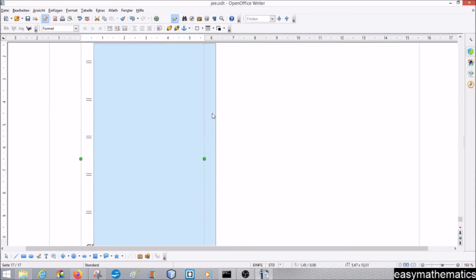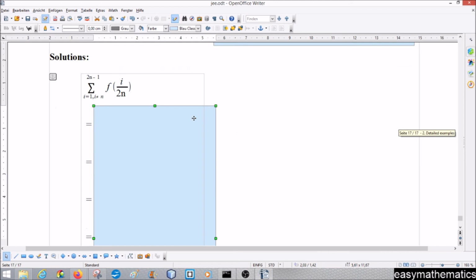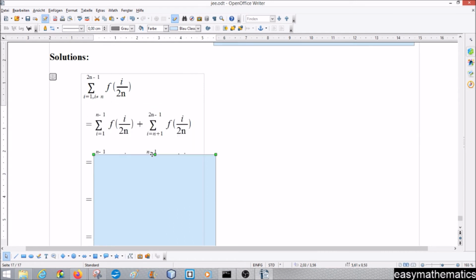First, what is the first step we do? We separate the sum from i up to n minus 1, and then from n plus 1 to 2n minus 1. The next step is to change the index of the summation.